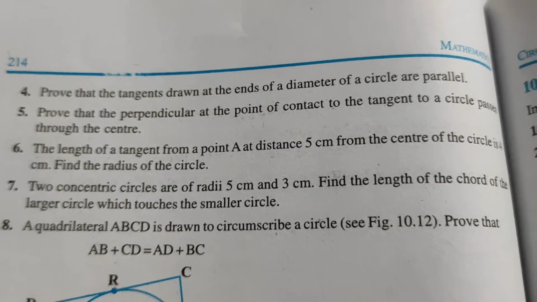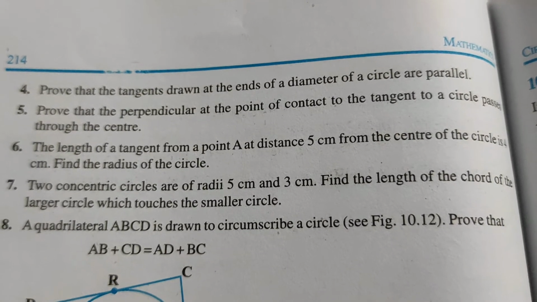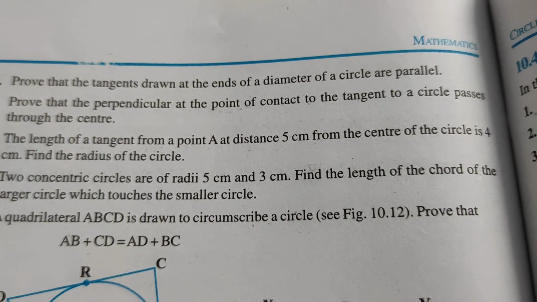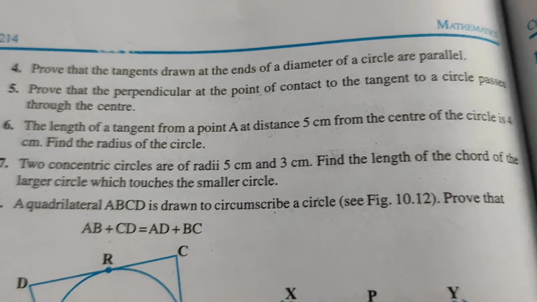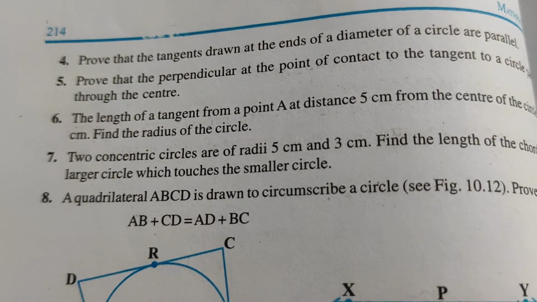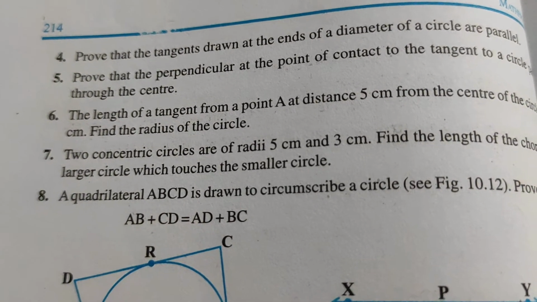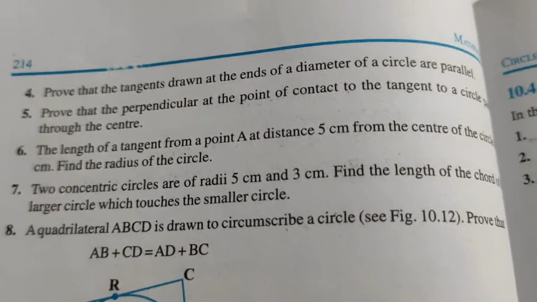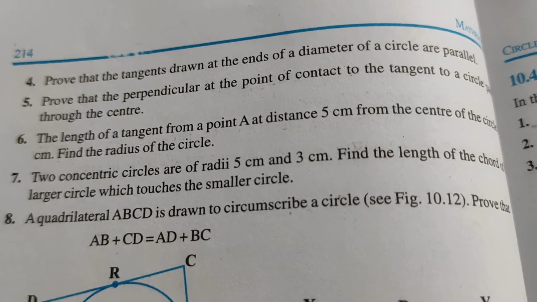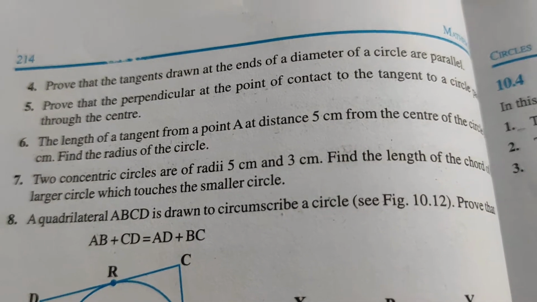Prove that the perpendicular at the point of contact to the tangent to a circle passes through the center. We need to prove that the perpendicular at the point of contact to the tangent passes through the center. And how you will do it? Let's begin.